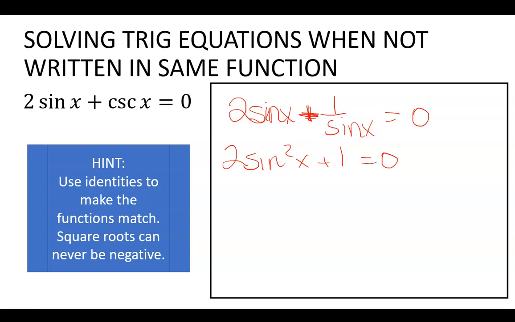Okay, I carry my 1 to the other side. I divide by my 2. And then I will have that sine squared x is equal to negative 1/2. Don't forget it's negative because I carried this positive 1 over. I do the square root property. Looks easy. Square root of the other side.